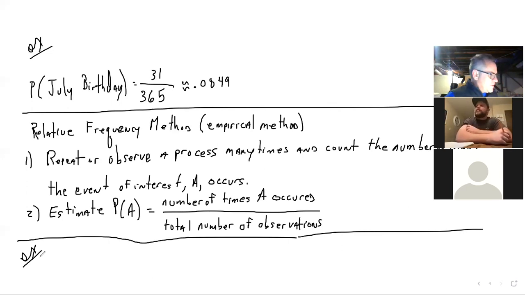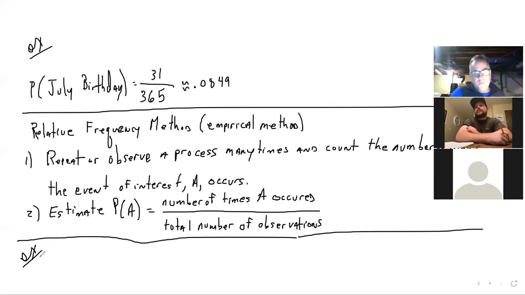So if you were doing a study on a 500-year flood, and geological records indicated that the river has crested above a particular flood level 4 times in 2,000 years, then I could use this relative frequency method, or this empirical method, to estimate the probability that the river will crest above that flood level in the next year.